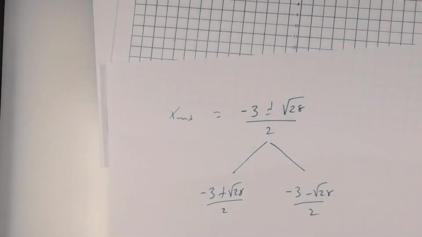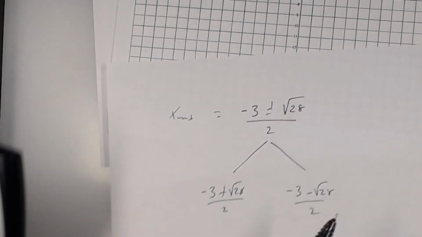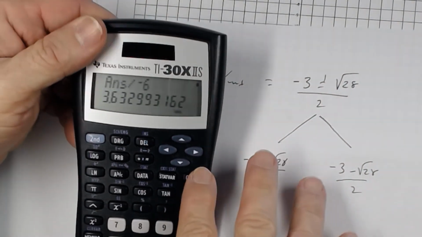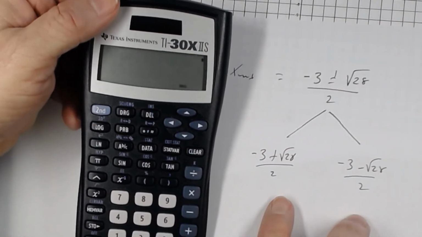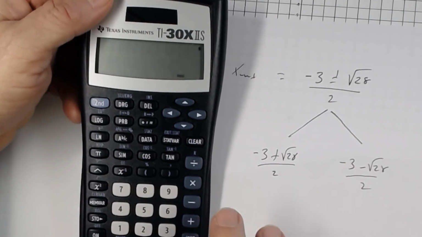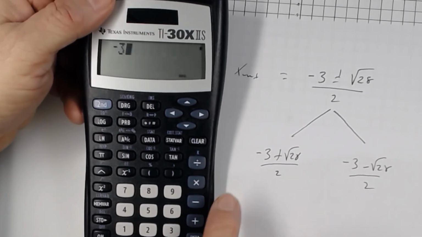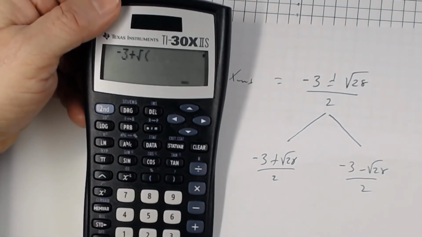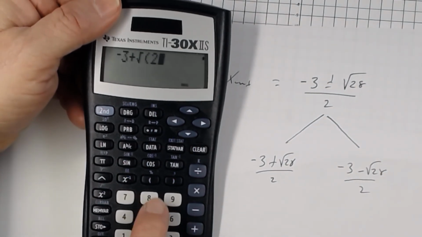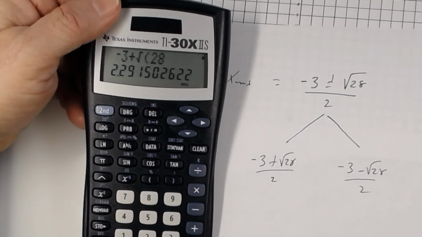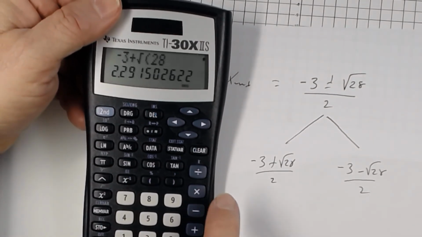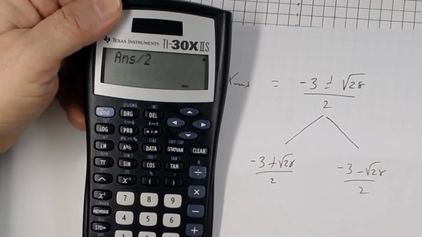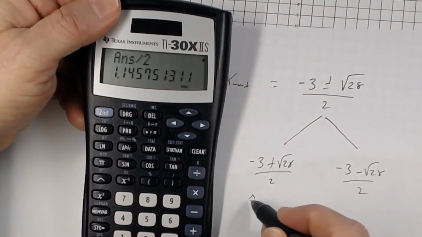So on your calculator, how would you approximate this? What do you type in first? Negative 3. What else? Plus, and you're going to say square root, like that. What do you type in next? What do I do? Equal. So that's your numerator. Then what? Divide by 2. You get 1.1.